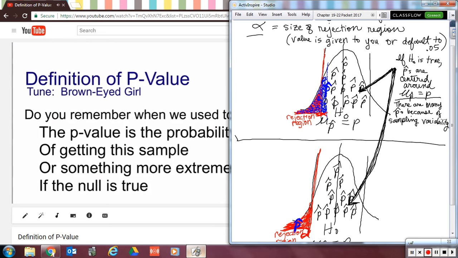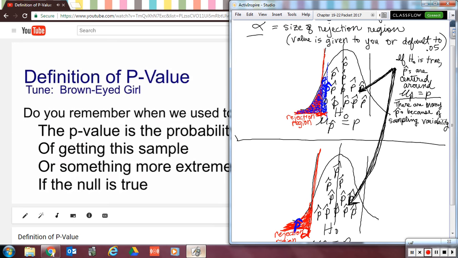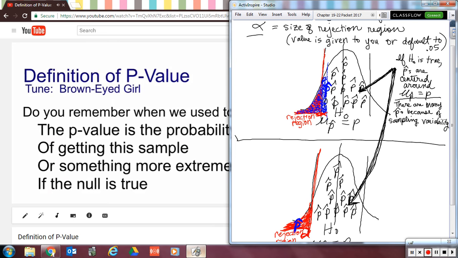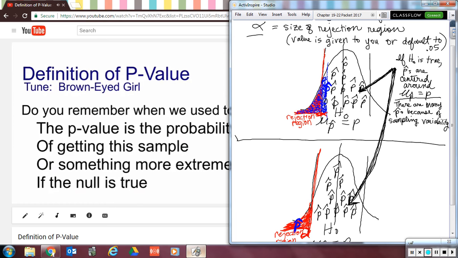Do you remember when we used to sing the p-value is the probability of getting this sample or something more extreme if the null is true?